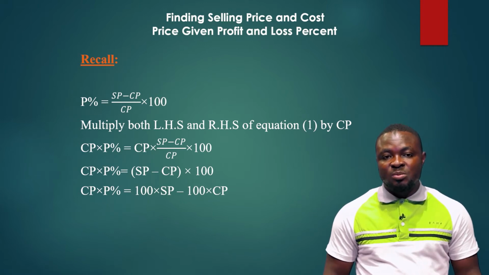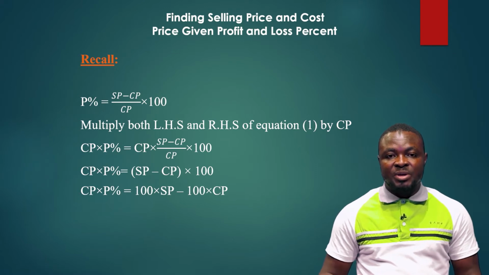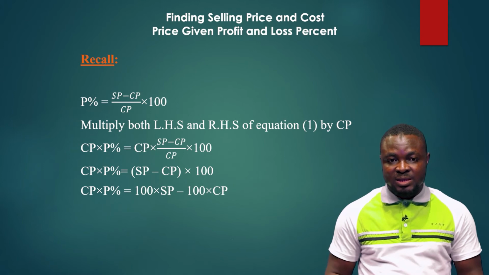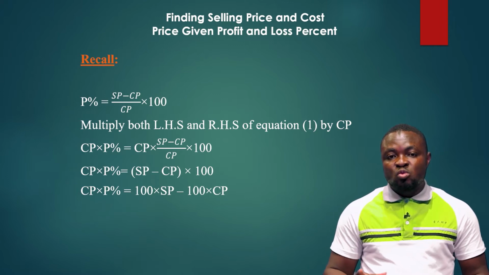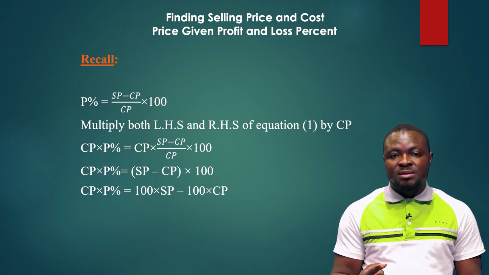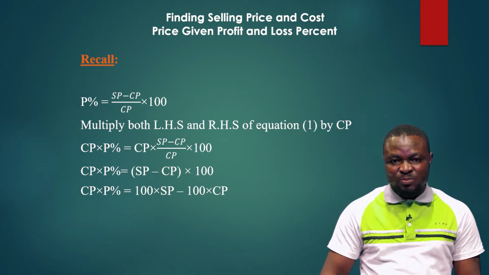So you end up with cost price times profit percent is equal to cost price times selling price minus cost price over cost price, all times 100. So that's the next level. The reason we are multiplying by cost price is to do away with the denominator. If you look at the right-hand side, we have cost price multiplying a term that has a denominator also as cost price.